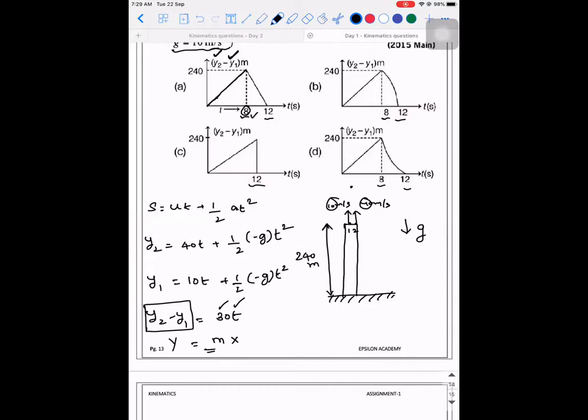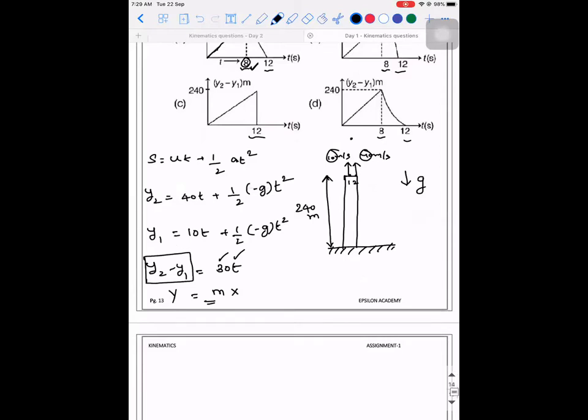Then what does this 8 seconds actually represent? The time it takes to reach the ground.